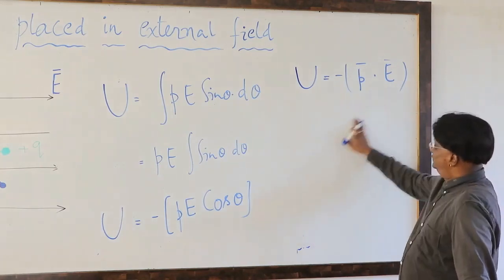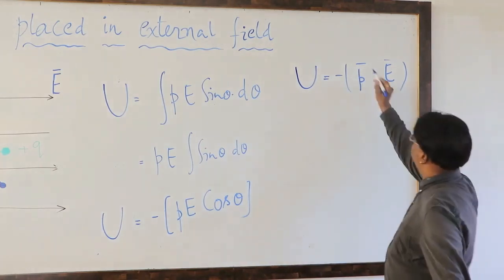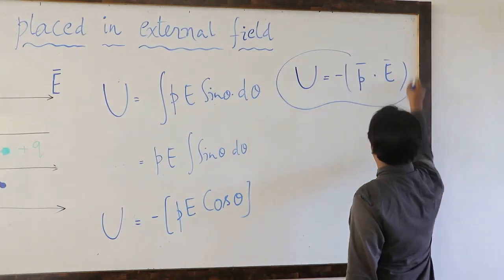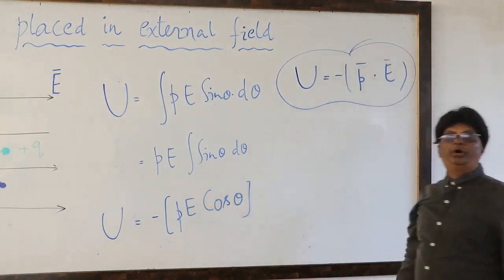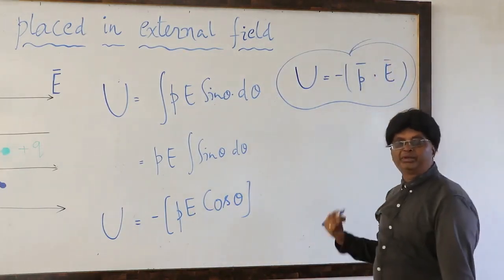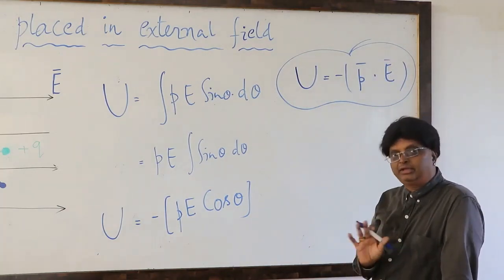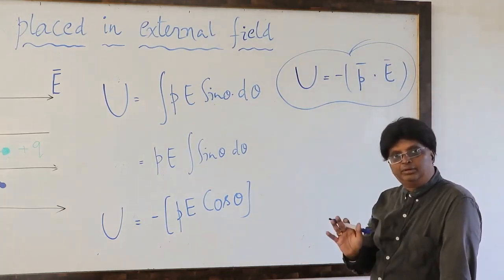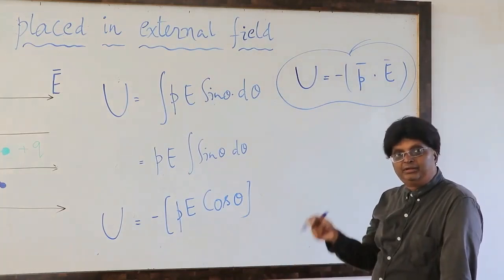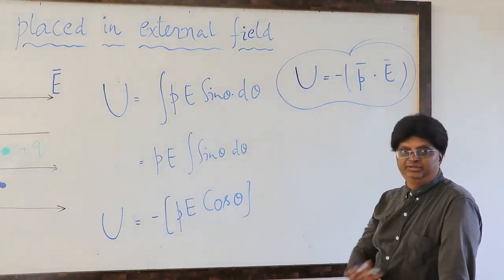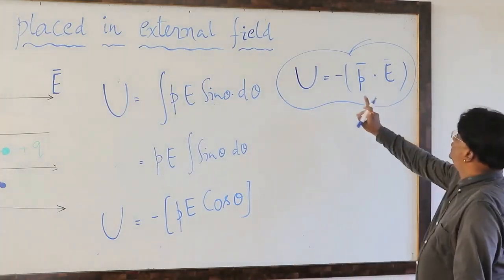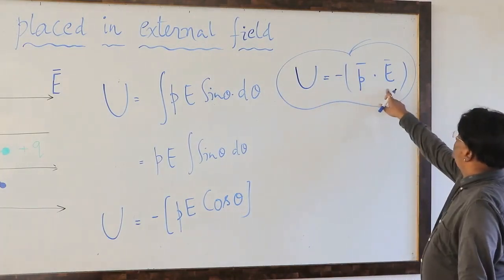Now here comes, after this, of course, you have your simple derivation and you have a very popular principle, potential energy. What are the keywords? Dipole, electric field, potential energy, the keywords. In such case, this U is equal to minus of p bar dot E bar.